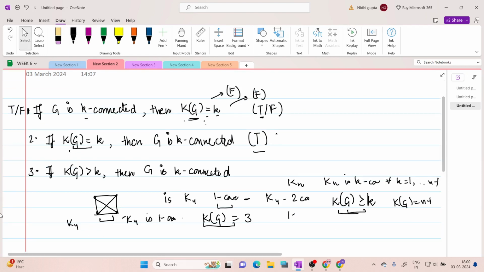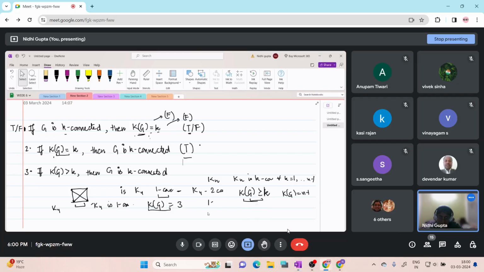What about the third statement? If vertex connectivity is greater than or equal to k, then G is k connected. True or false?